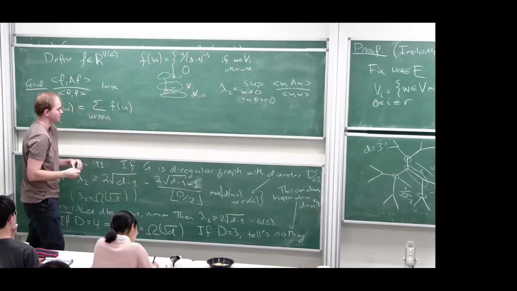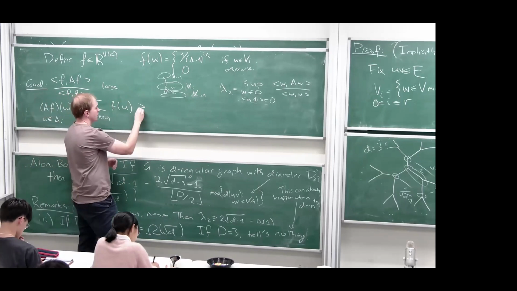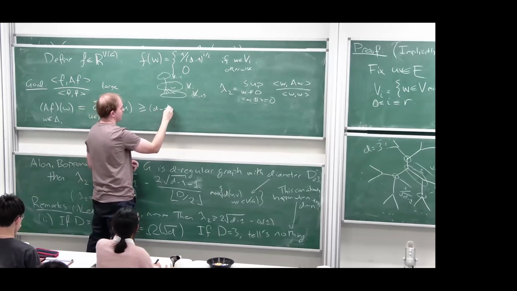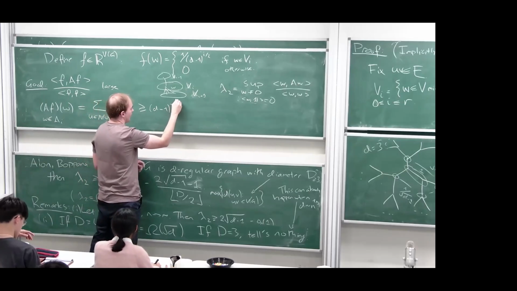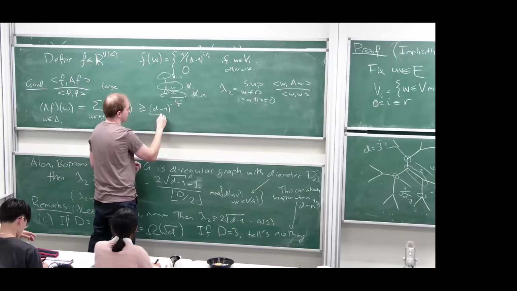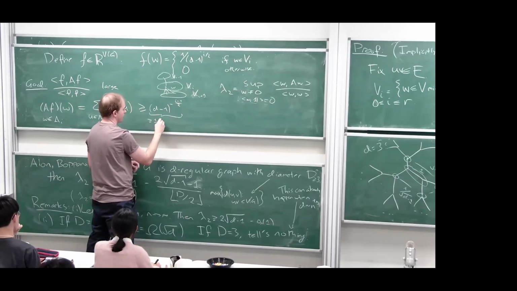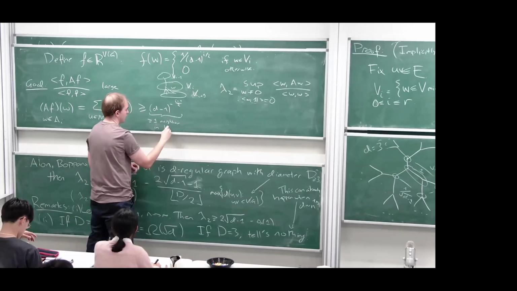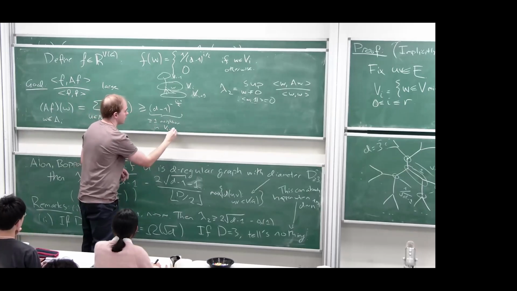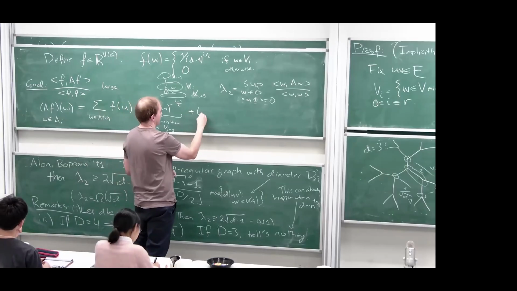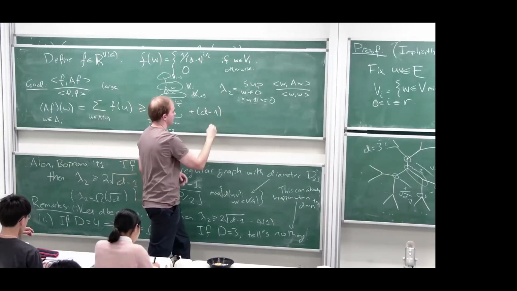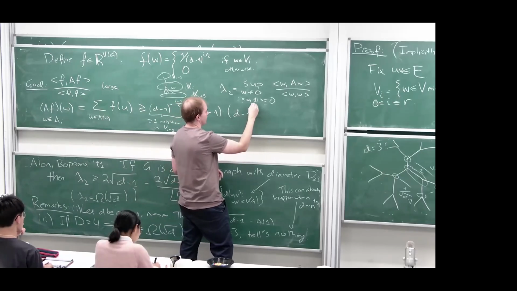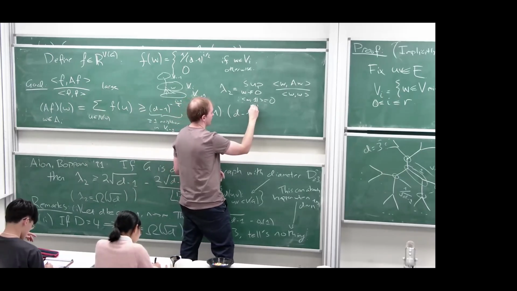So in particular, it's going to be at least (d-1)^(-(I-1)/2). This is because it has at least one neighbor in V_{I-1}, plus (d-1) times (d-1)^(-(I+2)/2).